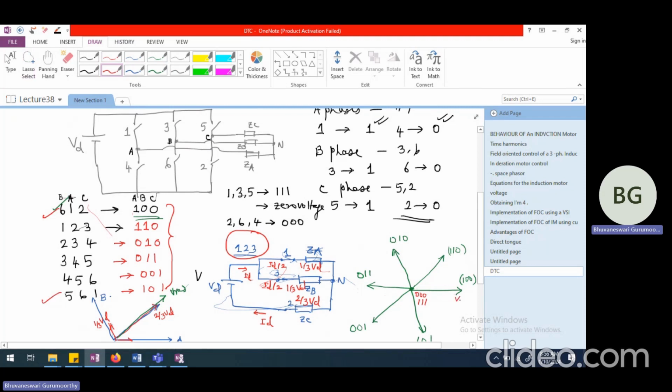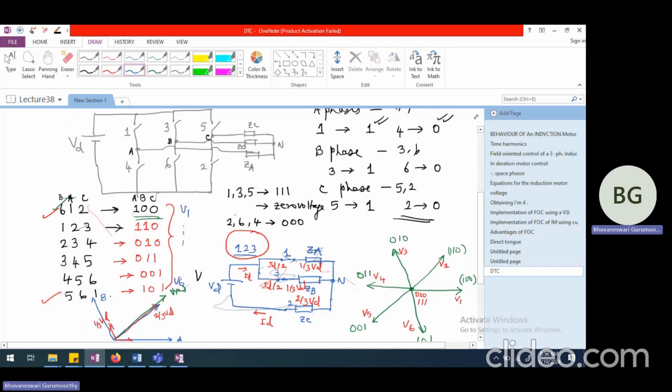Let me call this V1, this V2, this V3, this V4, this V5, this V6. So the inverter switch positions correspond to different non-zero voltage vectors starting from V1 until V6.